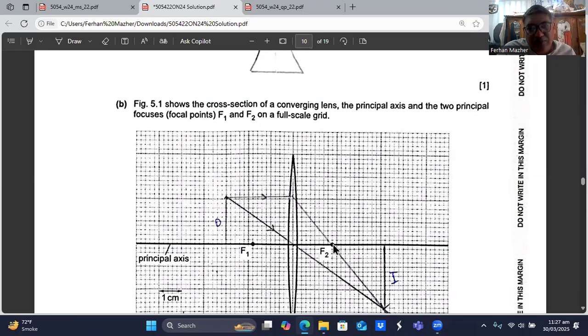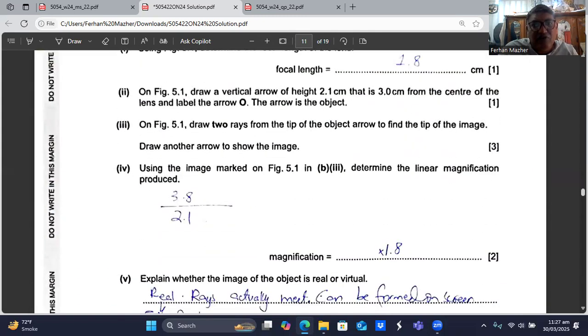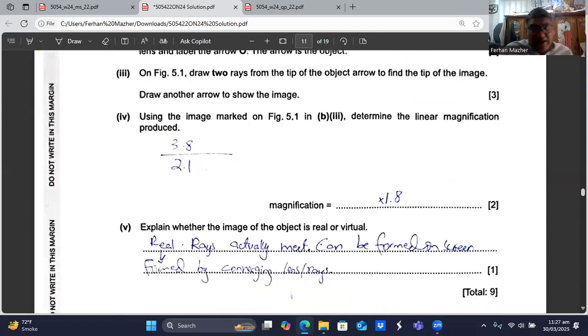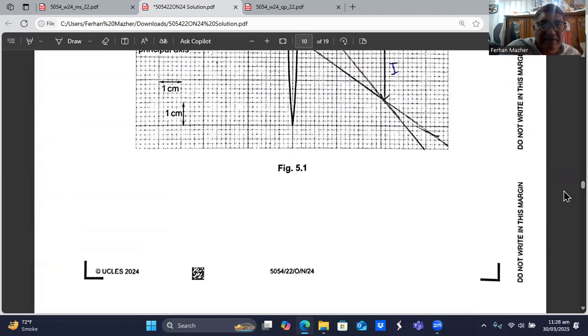And it should have passed through the F, and she is a little off from here. And that's why the point of intersection is not at 3.8. But she has used the value 3.8 divided by 2.1, and that gives you 1.8. If you draw this diagram very accurately, you will get the right numbers.